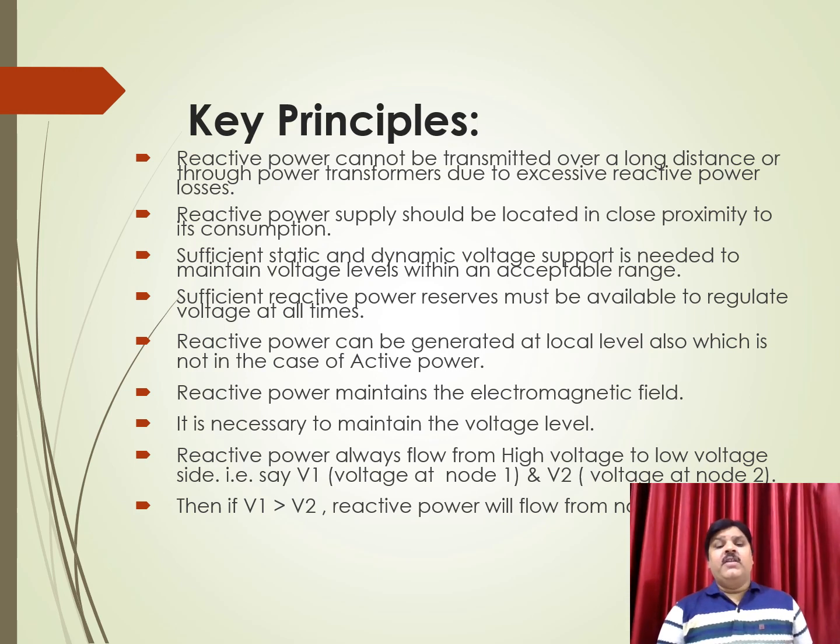Reactive power always flows from the high voltage to the low voltage side, which means that if there is low voltage in the system, then reactive power flows towards the low voltage side.